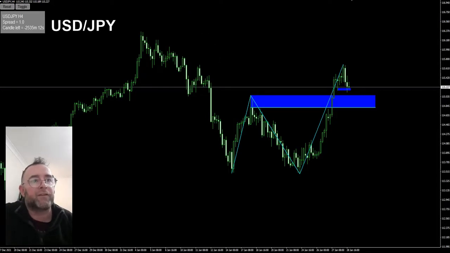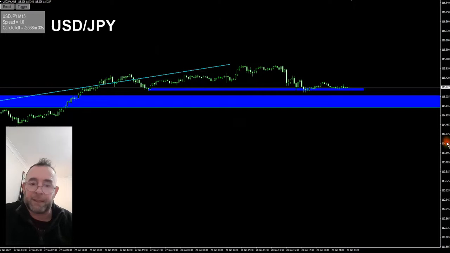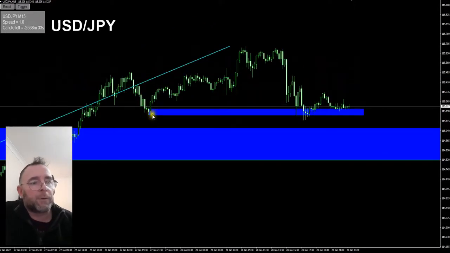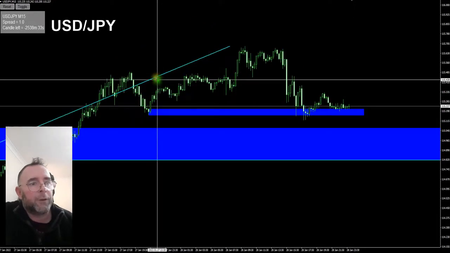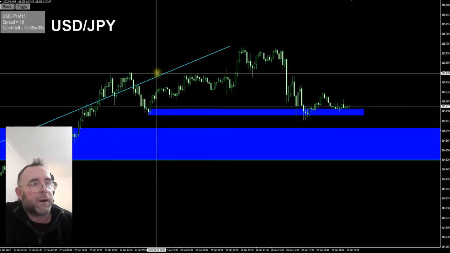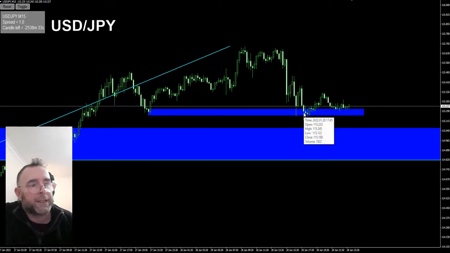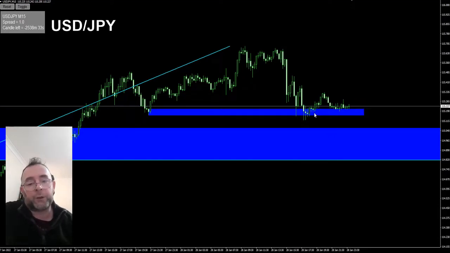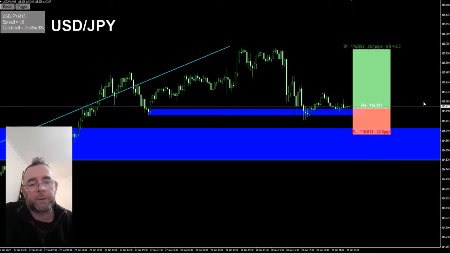If we flick down to the 15 minutes, what are we looking for? Well, this is the previous low here. It's broken the high and it's made a pullback already to the previous low. So it's already at the point where we could look at buying. If you were to open a buy here, again we would be looking at risking maybe just 20 pips in order to make around about 45 pips.